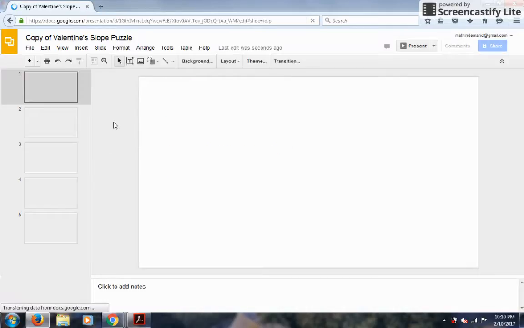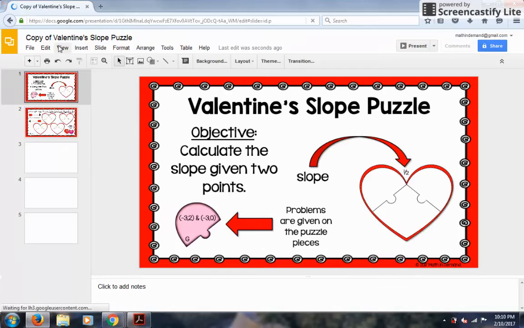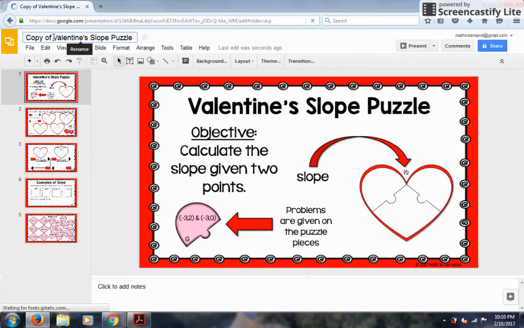And then it is going to pop up, and I can change the name. So instead of copy of, I'm just going to erase that, and I'm going to leave it as Valentine's Slope Puzzle. And the first page goes over the objective to calculate the slope given 2 points.